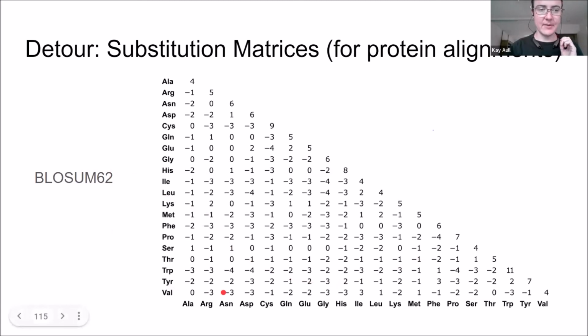But if you have an acid and you're replacing it with base, then you're probably going to mess things up. And so you have this table of how likely a particular substitution is in related proteins. And so this was compiled from data, and this is being used as a scoring function.